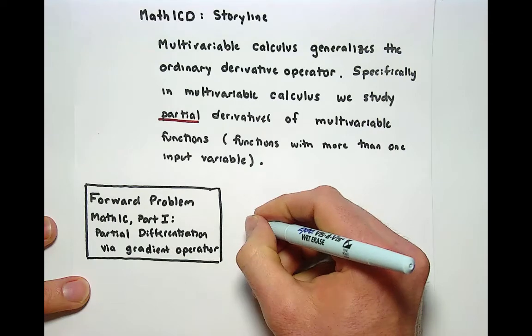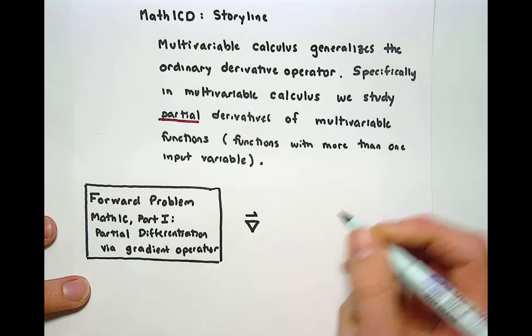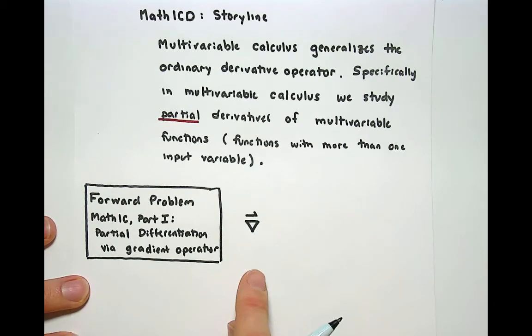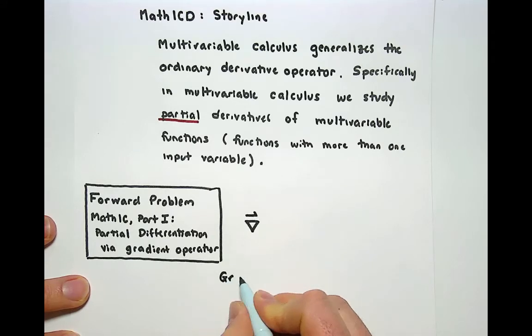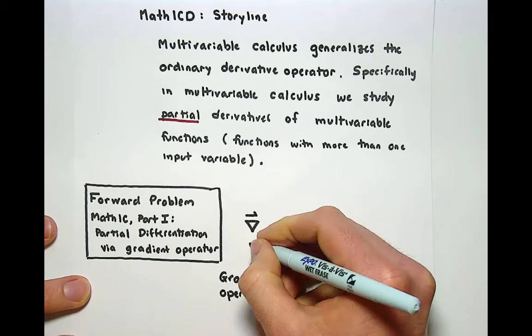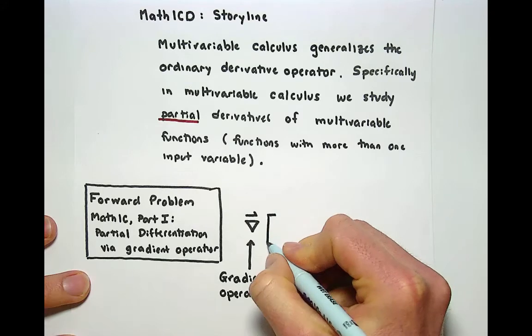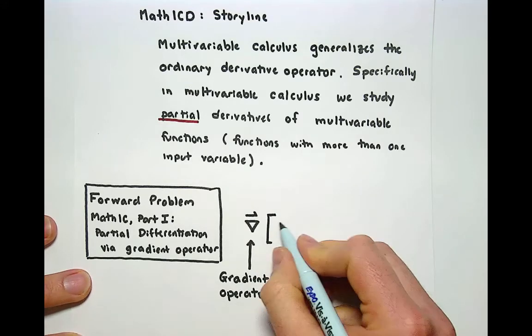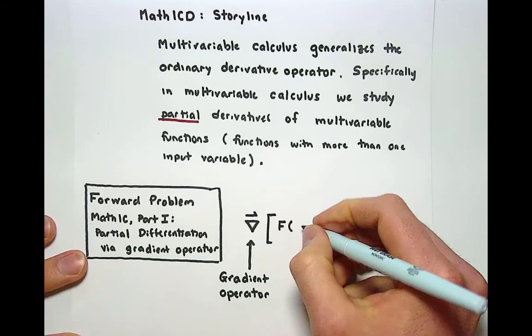For now, it's enough to understand that we have this new derivative operator that's going to act like the single variable derivative operator, except it's going to act on multivariable functions. This is called the gradient operator. This is what we're going to produce in Math 1C. This gradient operator is applied to functions of multivariables.